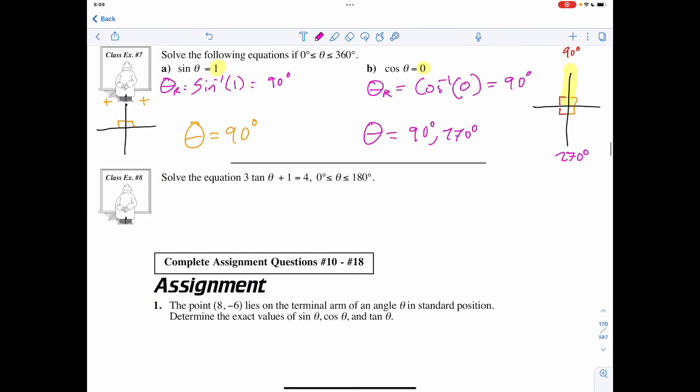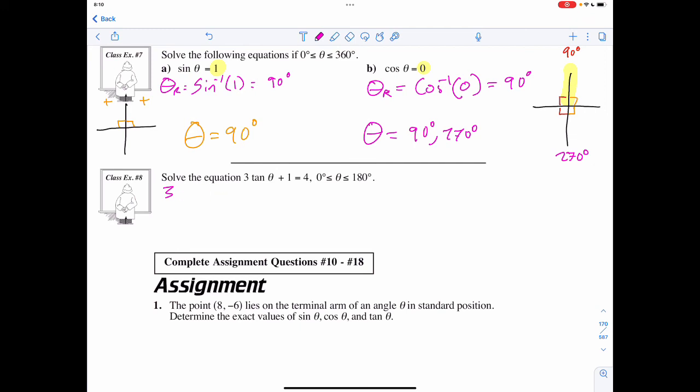Sometimes you'll get questions where it doesn't even have it isolated, and we need to isolate the value. So think of tan theta like it was x. If I had 3x plus 1 is equal to 4, all I would do is subtract 1 from both sides and divide both sides by 3.